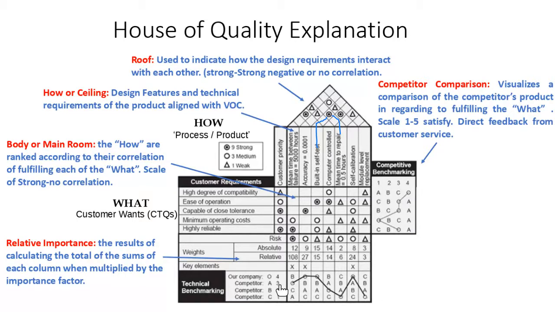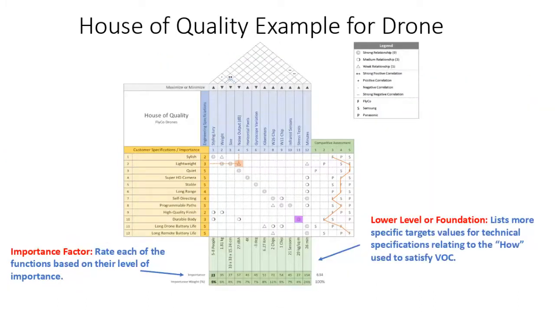Here is the scale of 3, here is the scale of 4, and here is a scale of 1. 1 is low and 4 is high, or 1 is weak and 4 is strong. This is one example. Let's move to another example.